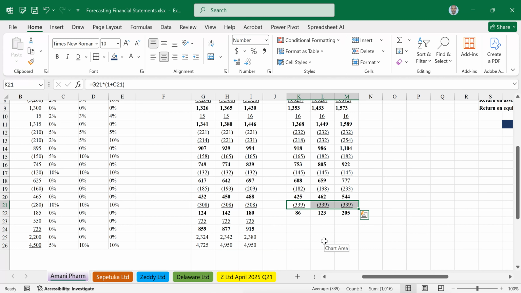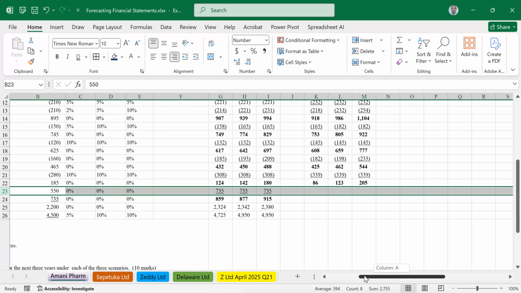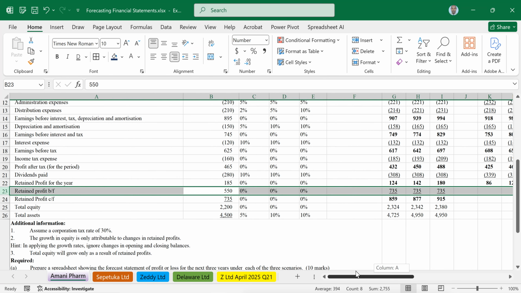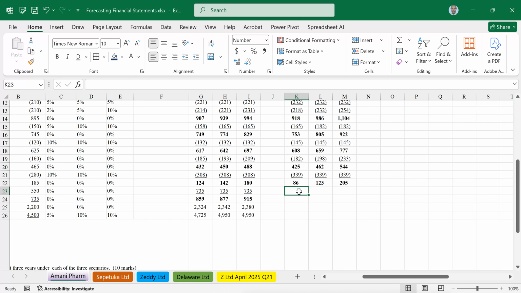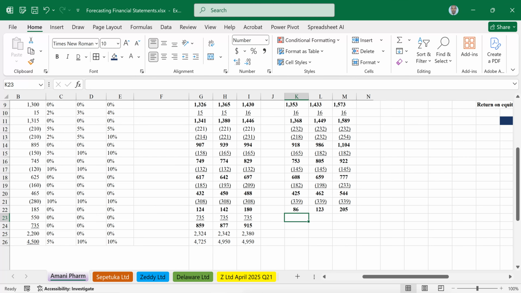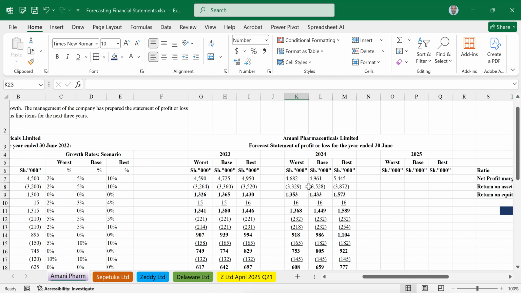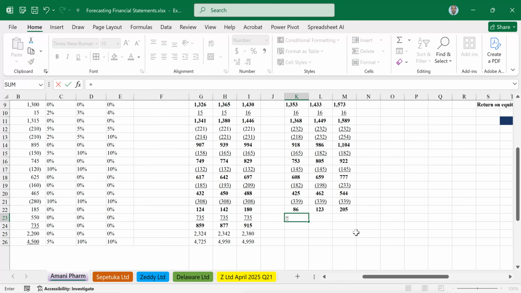There is no copying on this other one because this is retained profit brought forward. Retained profits brought forward will be carried forward from 2023. So equal sign, the carried forward were these ones here, the 859, 877, and 915.